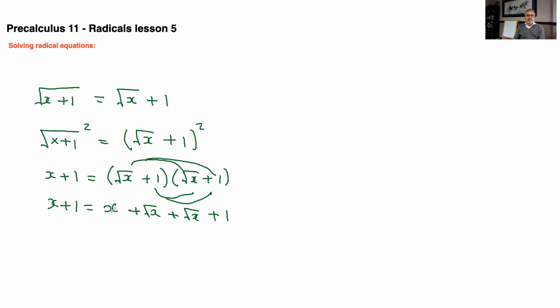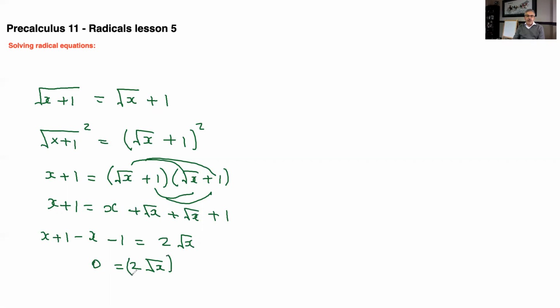I'm going to move this x and this 1 to the other side, to the left side. So I have x plus 1 minus x minus 1 equals, if I add these two right here, it will give me 2 root x. This will give me 0 equals 2 root x. I'm gonna square both sides.